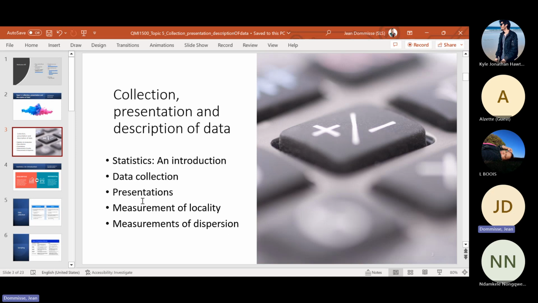And then we go into measures of locality. So that's basically looking at things like mean, median, and mode. So everything around locality. And then dispersion basically looks at how your data is dispersed.